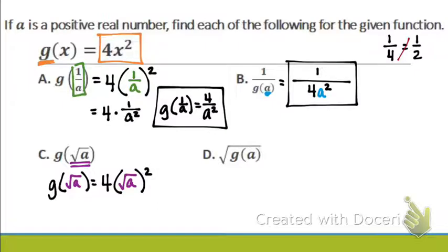Yes. Because I have the squared on the outside and the only thing inside those parentheses, everything there is under the radical. My squared and square root are going to cancel. And so I have g of radical a is equal to 4a.